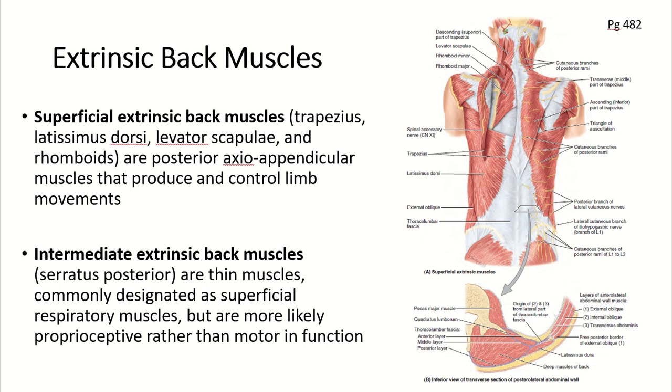These superficial extrinsic back muscles are posterior axioappendicular muscles that produce and control our limb movements. In contrast, our intermediate extrinsic back muscles are, for example, our serratus posterior all the way down here. These are commonly designated as superficial respiratory muscles, but are more likely proprioceptive than motor in function.